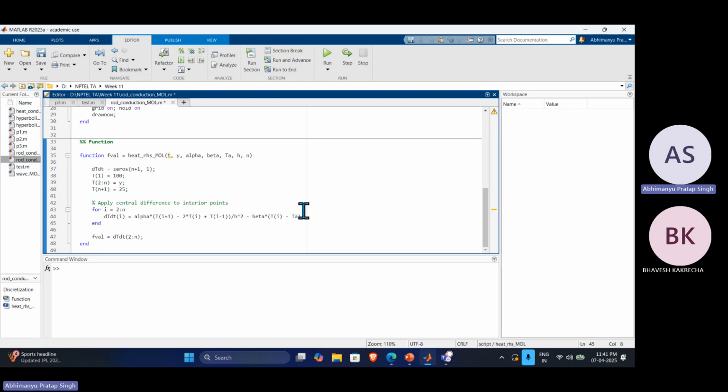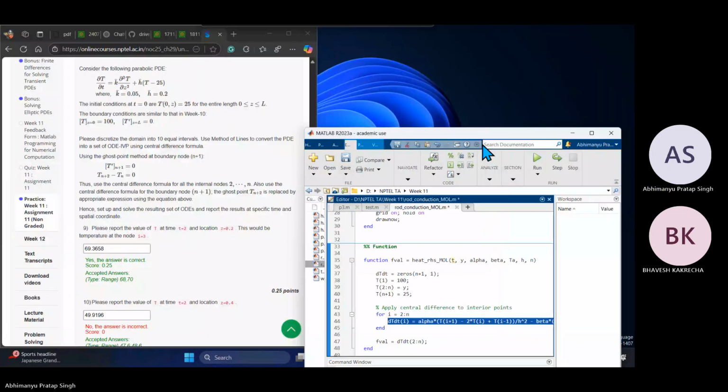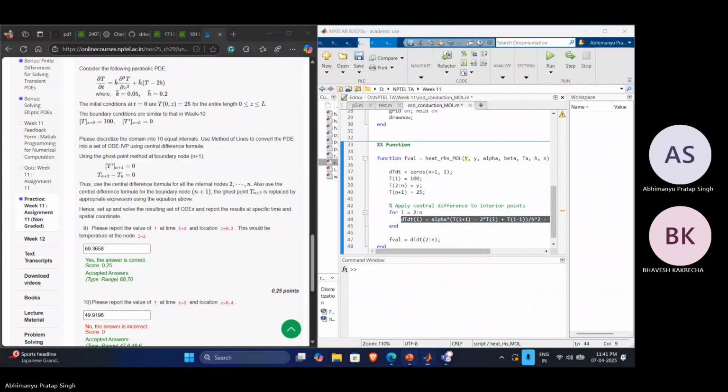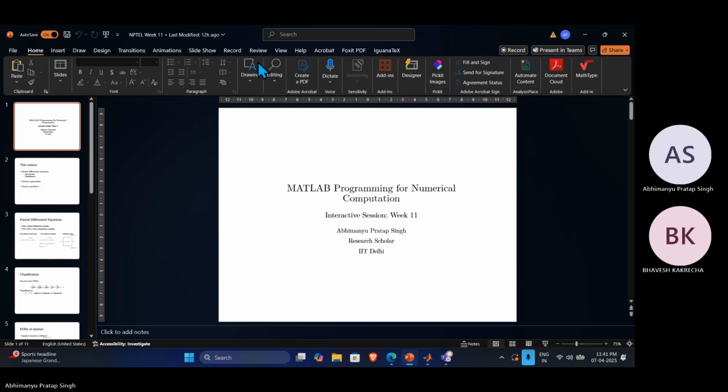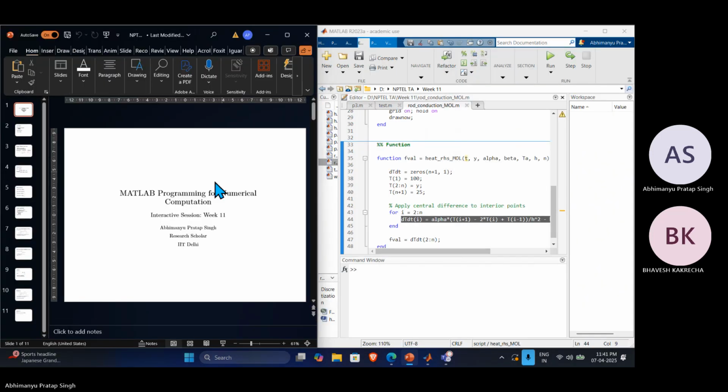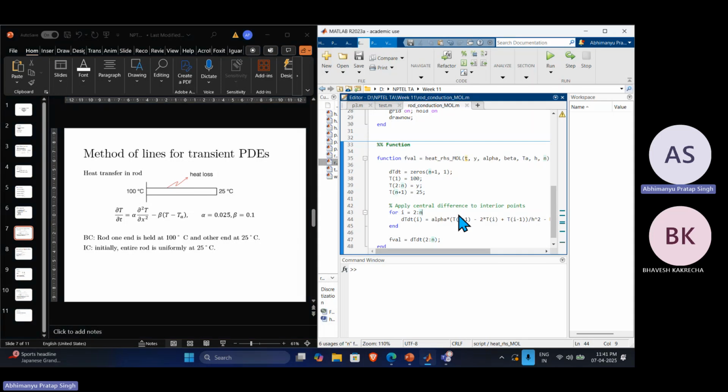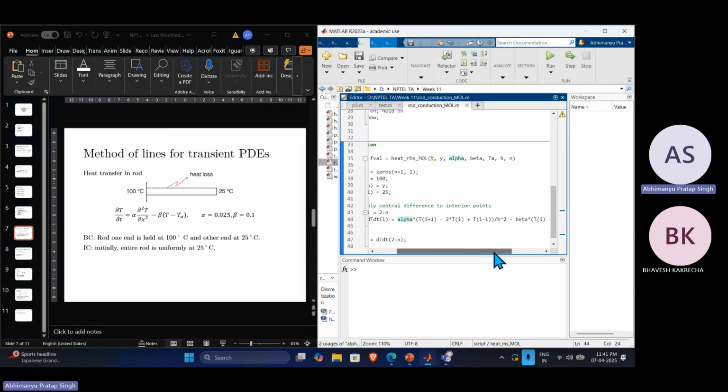So this is the equation using central difference: alpha times (T(i+1) minus 2T(i) plus T(i-1)) divided by h squared, and then minus beta times (T(i) minus Ta).